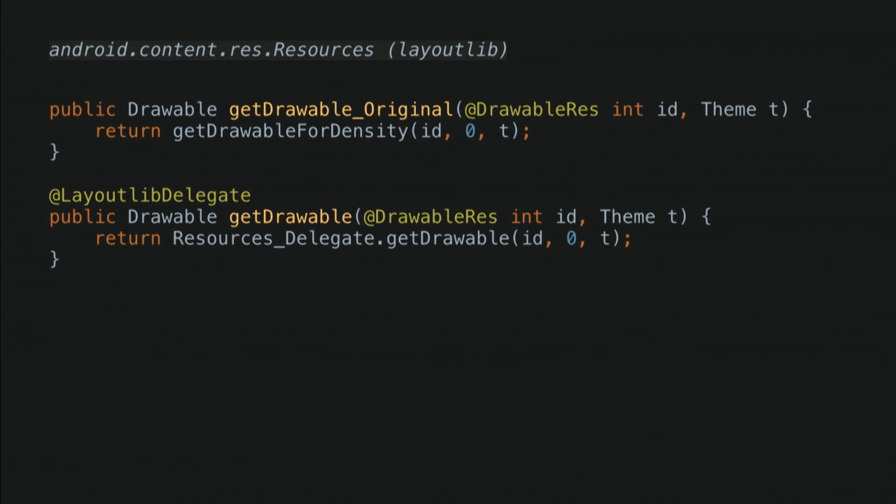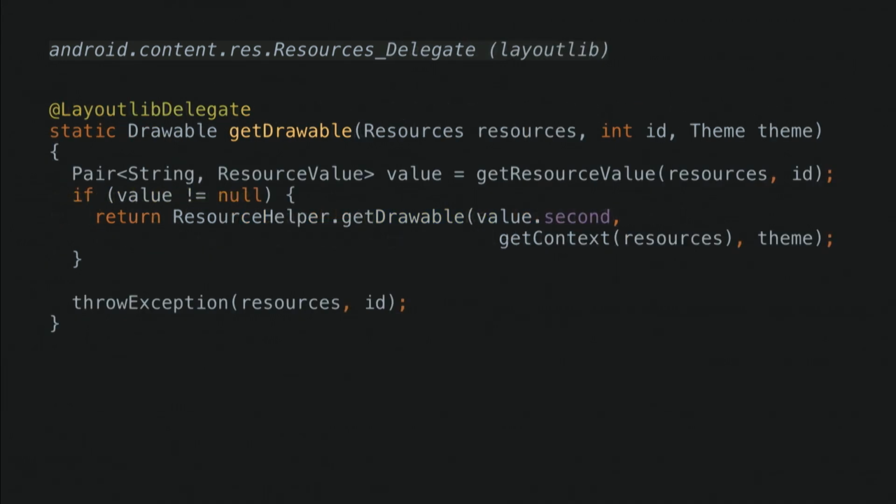Meanwhile, an additional method is generated with the original method signature as a proxy to a Resources_Delegate's own getDrawable method. A new class, Resources_Delegate, is also injected into the transformed jar, providing the implementation of this delegation as a static method, which takes the original Resources object as its first argument, essentially mocking Android.